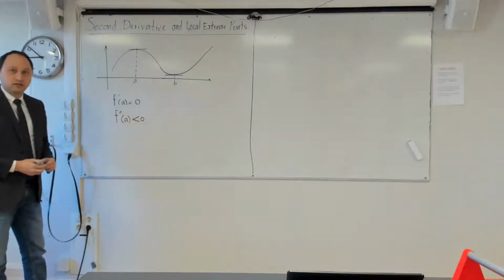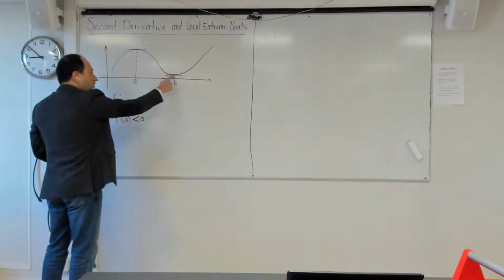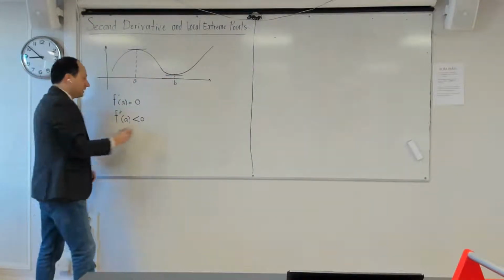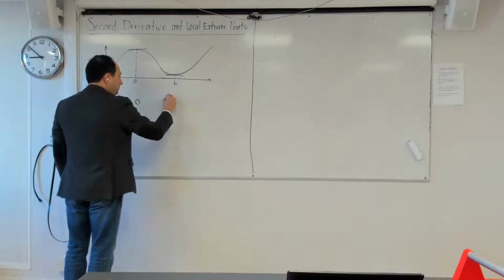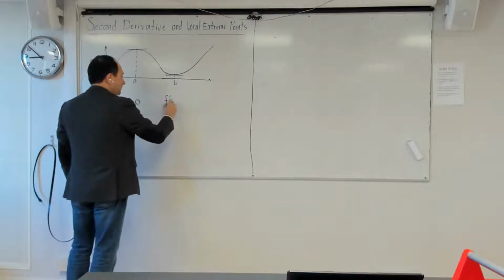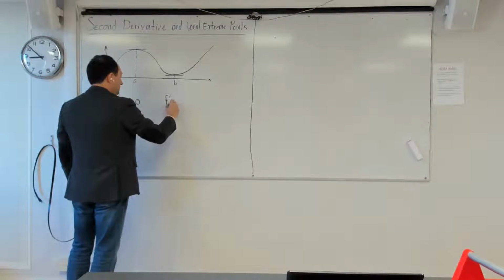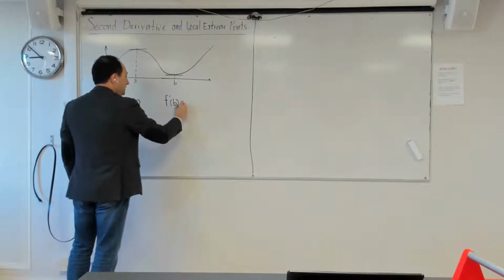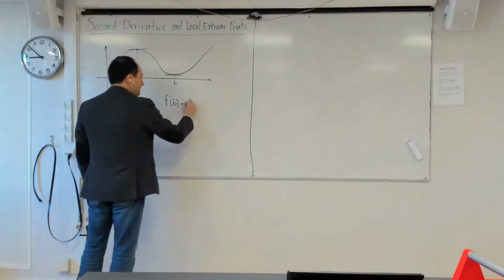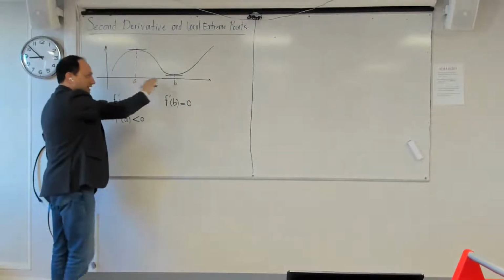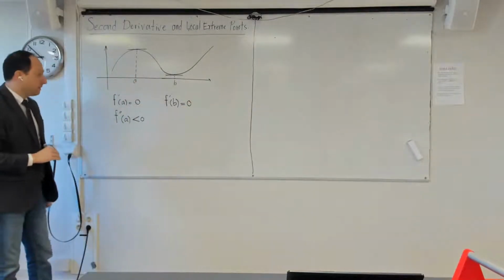Okay? For the local minimum point, if I ask you what is f prime of A, what is f prime of B, you know that f prime of B is again 0 because still the tangent is horizontal.